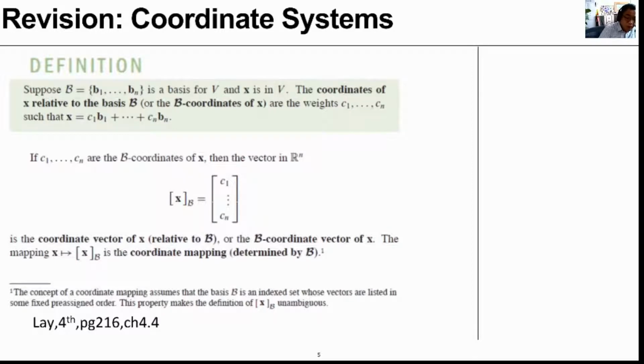We'll now give some definitions for the coordinate vector.